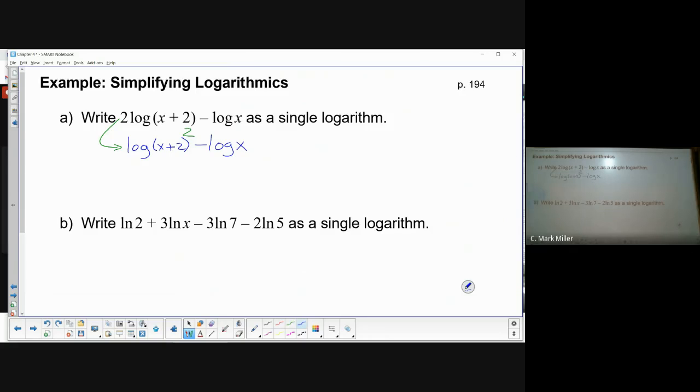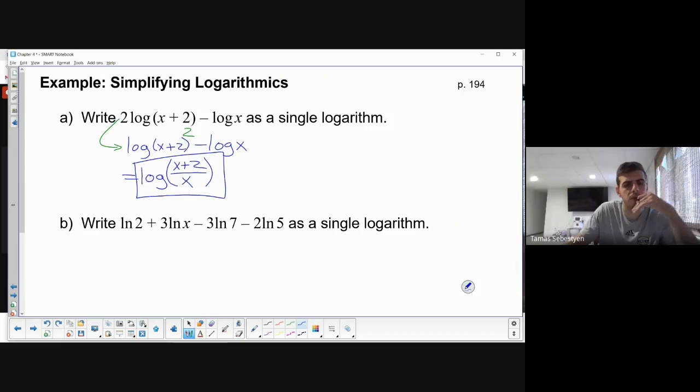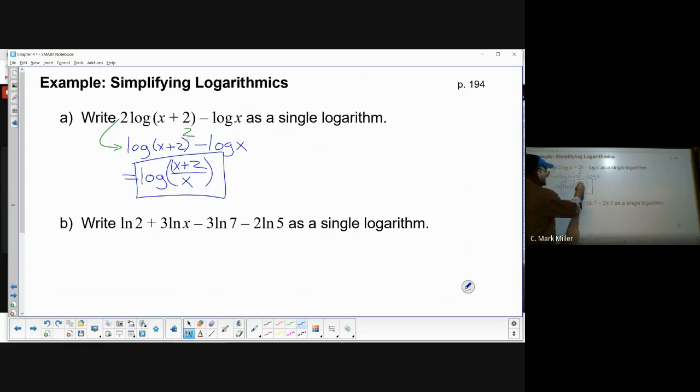And the difference of logs is the log of the quotient. Good question. So where is the squared, Mr. Miller? Yeah, that's what he was asking. There you go. Thank you.